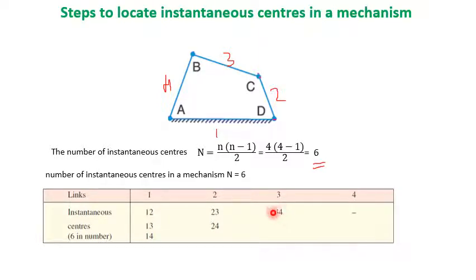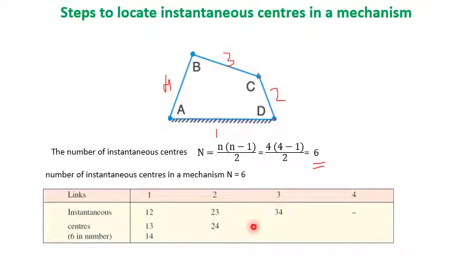This is nothing but I34. We don't have any other links, therefore only one instantaneous center with respect to the third link. Coming to the fourth link, next to the fourth link we don't have any links, therefore its instantaneous center count is 0. So these are the 6 instantaneous centers: I12, I13, I14, I23, I24, I34.